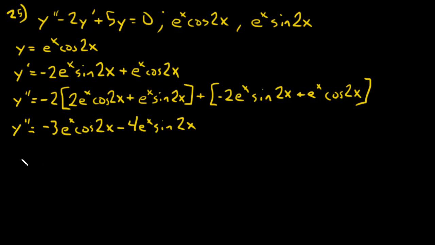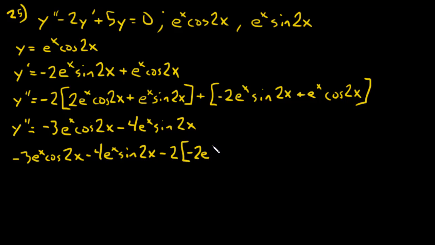So it's going to be y double prime, which is negative 3 e to the x cosine 2x minus 4 e to the x sine 2x. Now minus 2 times y prime, well, y prime is right here, so minus 2 e to the x sine 2x plus e to the x cosine 2x.